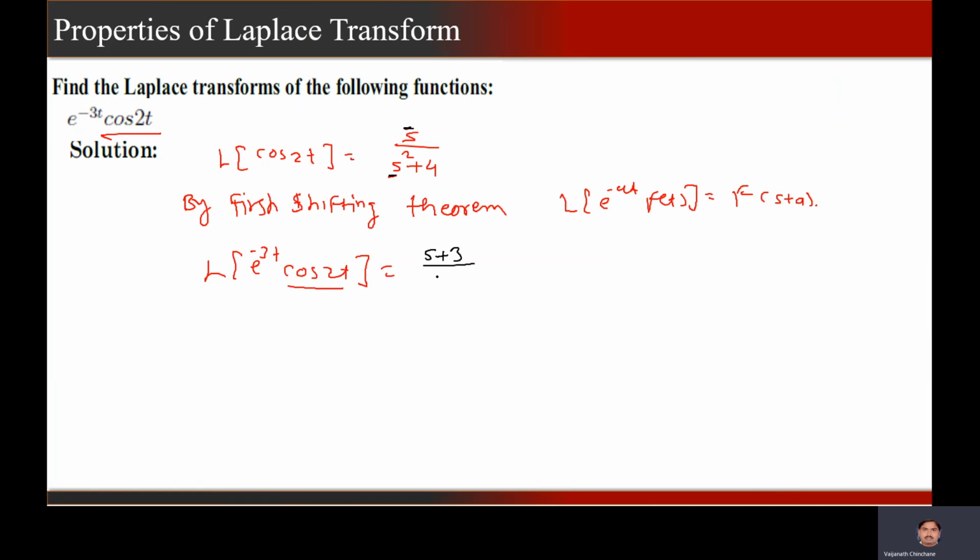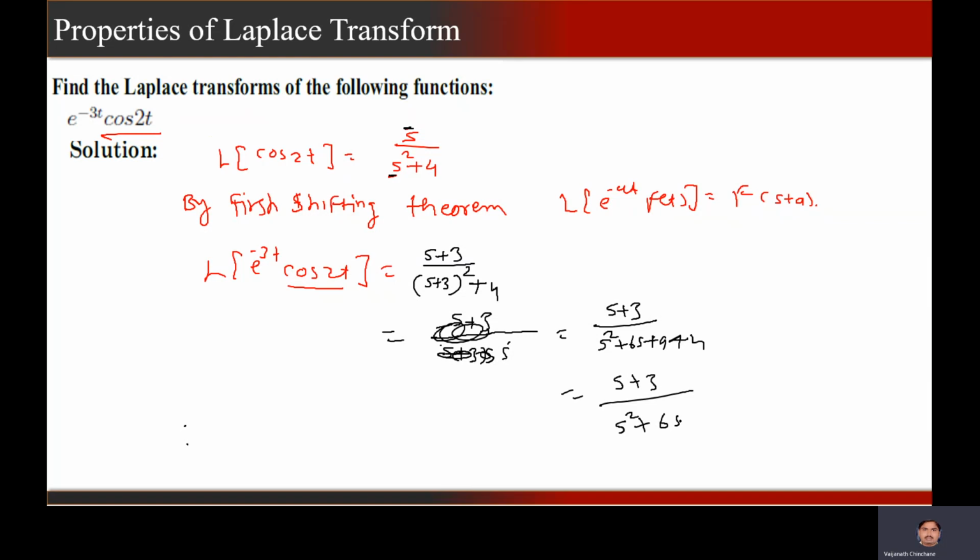So it is s plus 3 divided by s plus 3 bracket square plus 4, and that is equal to s plus 3 upon s square, expand this, plus 6s plus 9 plus 4, and that is equal to s plus 3 divided by s square plus 6s plus 13. This is the answer.